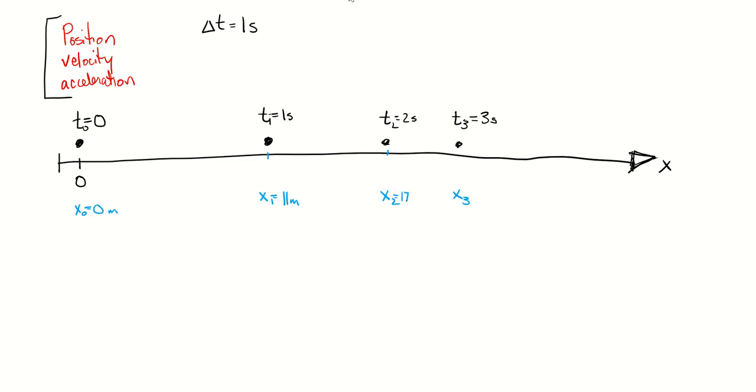We'll say, I don't know, 17 meters. And x3, we'll say 18 meters, right? So once we've defined this coordinate system, this x direction, and we've defined our origin on it, we now can put numbers to what our actual positions are. We know where they are in our reference frame, in our coordinate system. And now we can continue on with what we were doing with our motion diagrams.